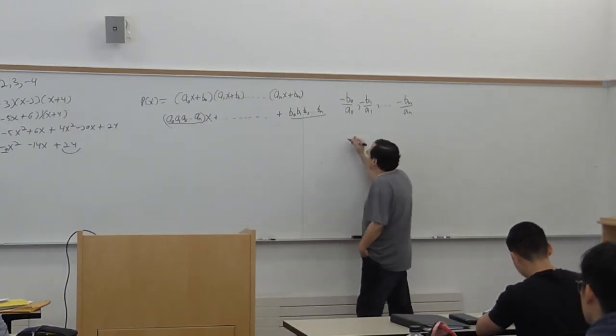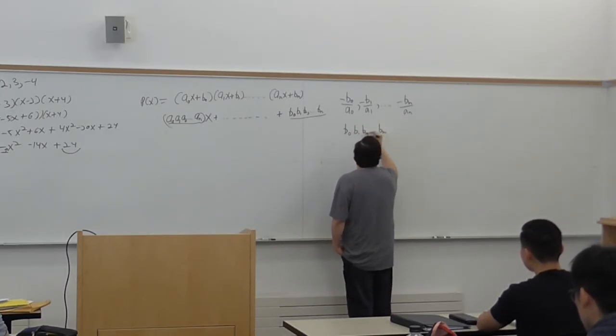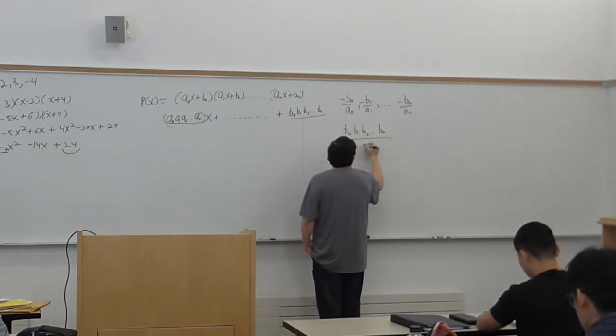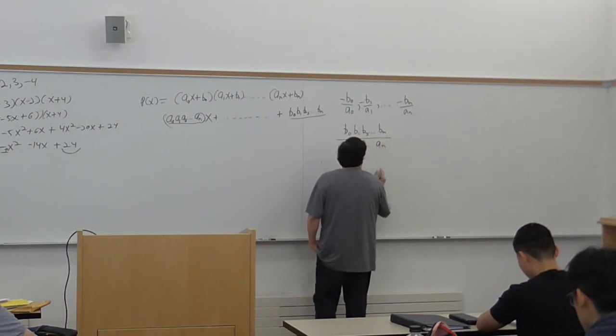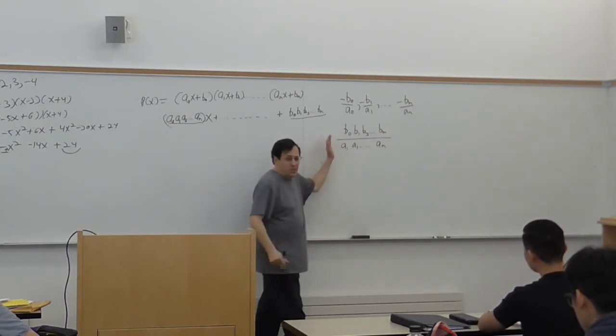So if you look at this particular construction, b0, b1, b2, b to the n, over a0, a1, a to the n, we don't cancel anything, we just look at this.